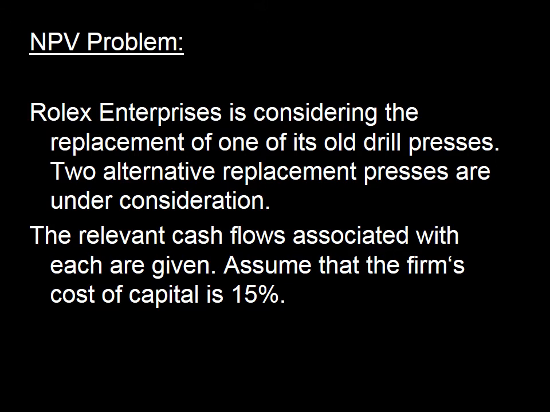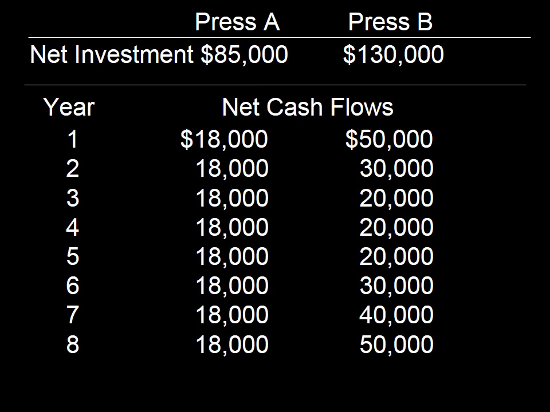Okay. So we have two alternative presses. Let's look at the cash flows associated with each. Here we have press A. Press A has a net investment of $85,000, and notice both press A and press B have a life of 8 years.